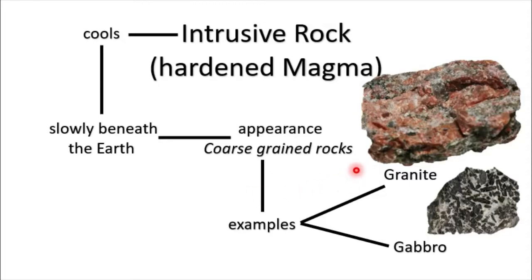So those are types of intrusive rock, and you can also see the coarse-grained surface of those granites. So that's the difference between an intrusive rock and an extrusive rock. Both of them are igneous rock.